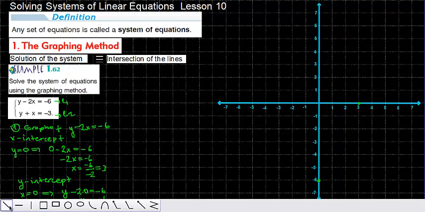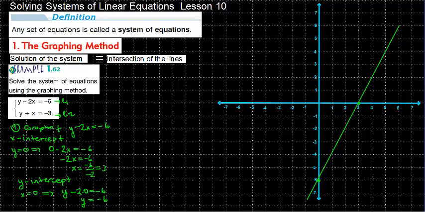We are going to do it like this. I'm going to start from this point to this one, and this is the graph of y minus 2x is equal to minus 6.